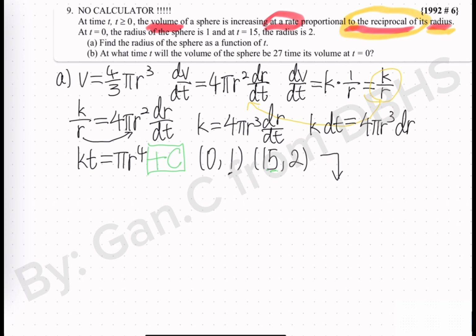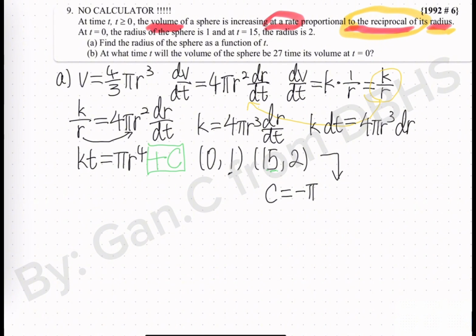Then I will get c equals negative pi, right? And what should I do on the other side? For the second point, plug it in.